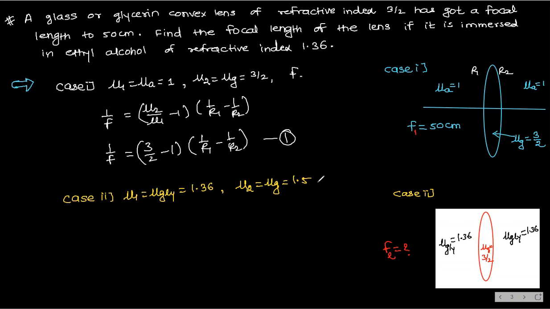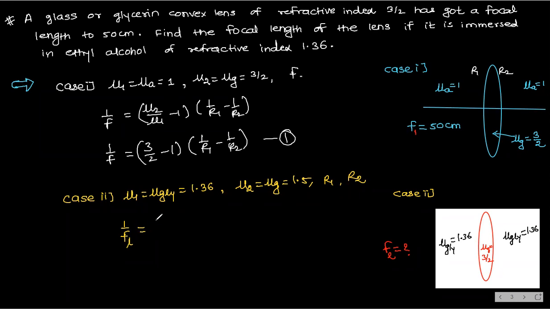Okay, and next क्या है, R1 R2 जो भी है छोड़ो, that is same only, R1 and R2. Okay, so again I am using the formula, 1 by F in a liquid बोलेंगे, है ना, liquid.